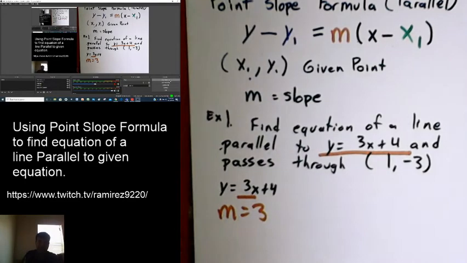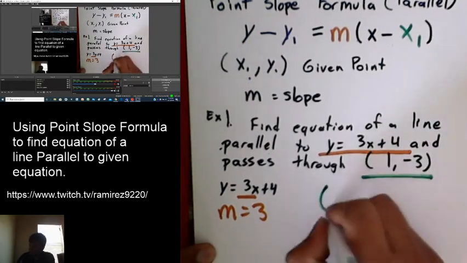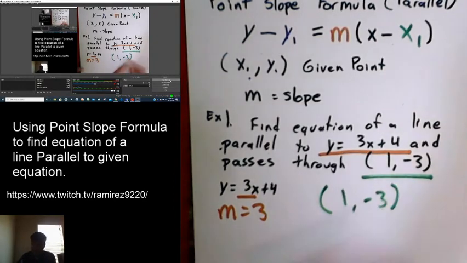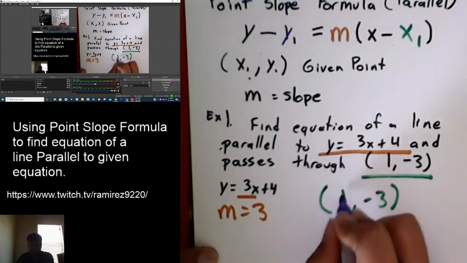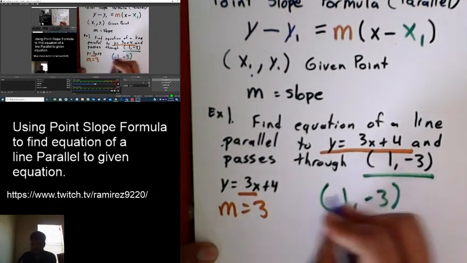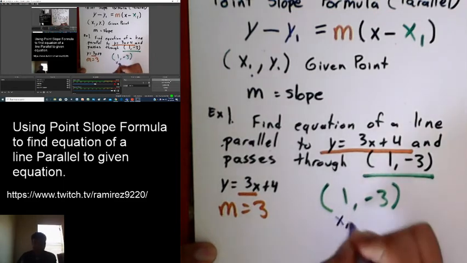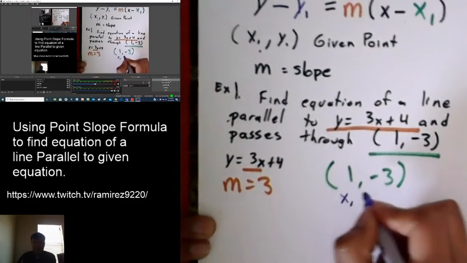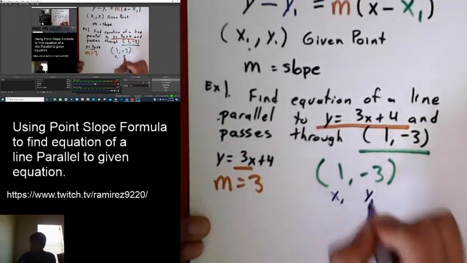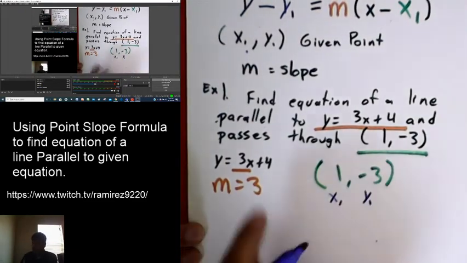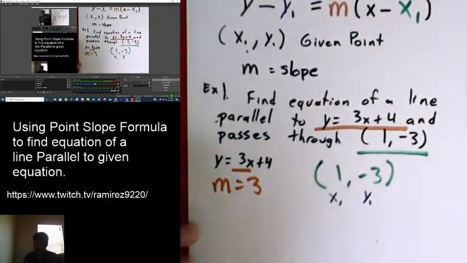Next, you want to look at the point provided. They gave us this 1 and negative 3. Well, the first number is always x, so this is x1. The second number always represents your y value, so this is y1. All we're going to do now is substitute into the formula.